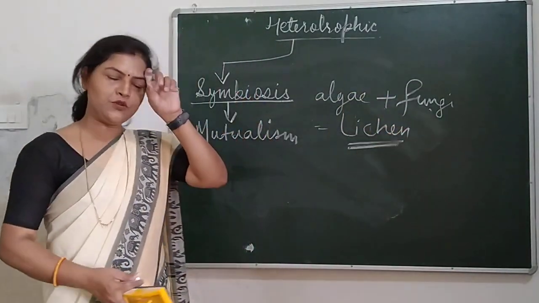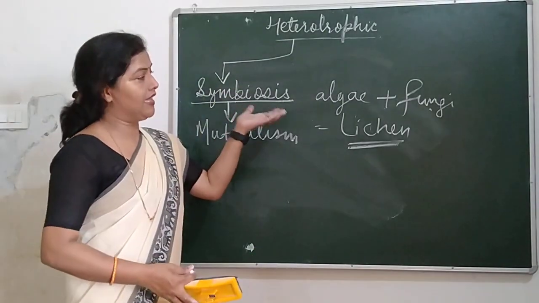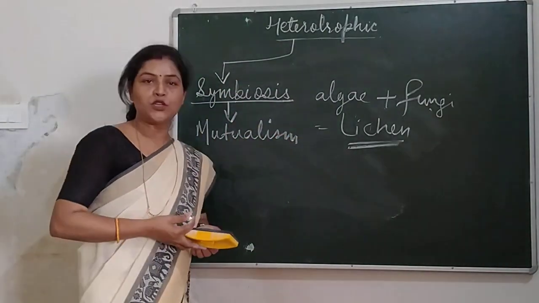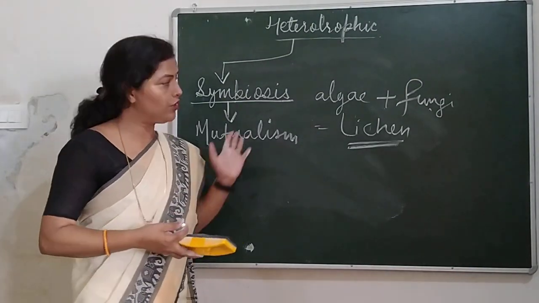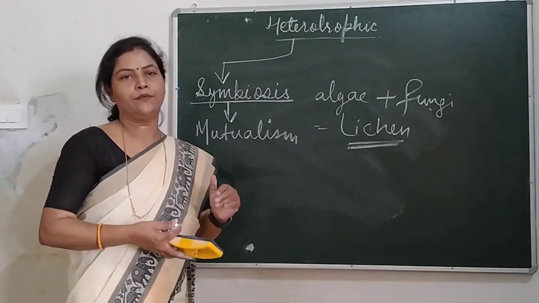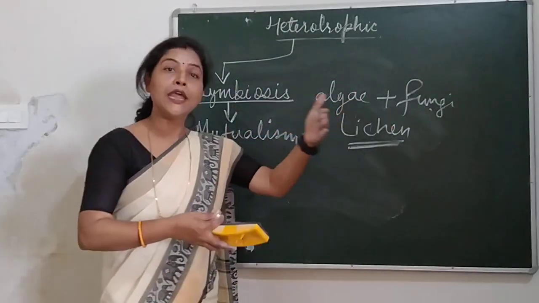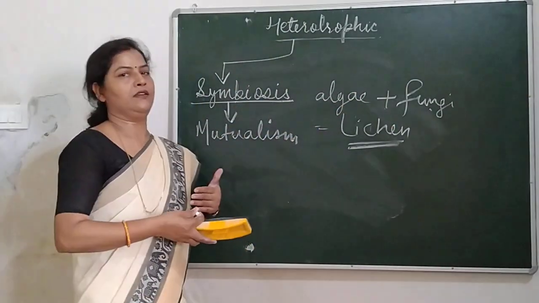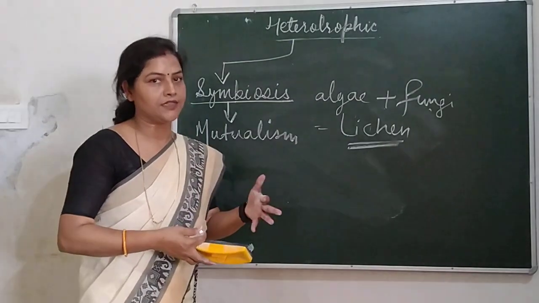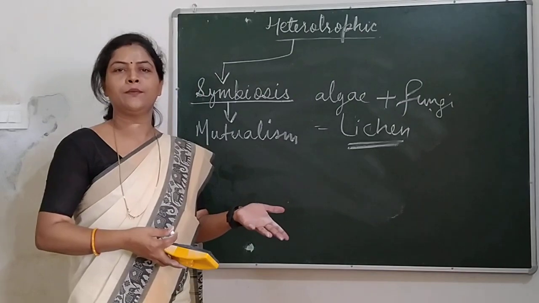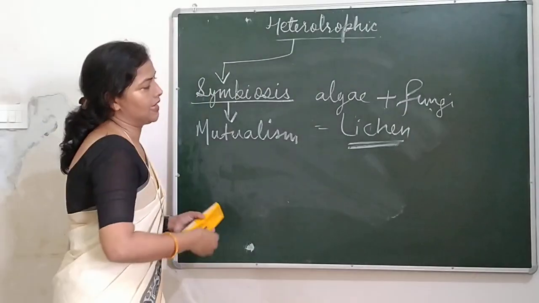Not only are they living together, they are sharing their food and their important substances, essential things with each other and surviving. So in such a mode of nutrition, both organisms benefit from each other. If one dies, the other will automatically die. How? I am making you understand.